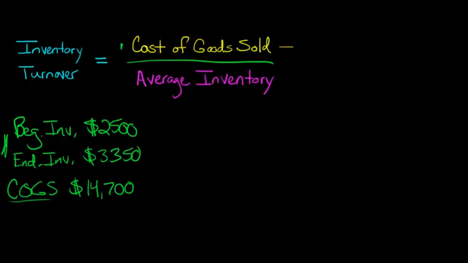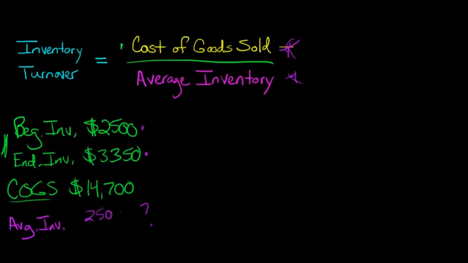So let's start working this out. We're going to have cost of goods sold divided by average inventory. But wait a minute, we don't have average inventory here. We're going to have to calculate it. So how do we calculate that? Well, we just add up the beginning and the ending inventories and divide by 2.